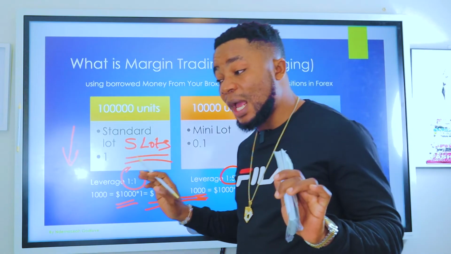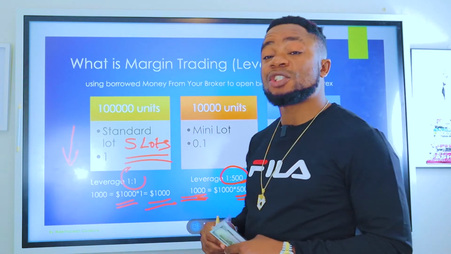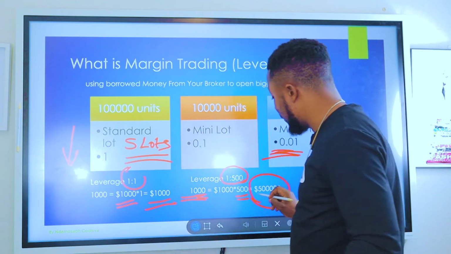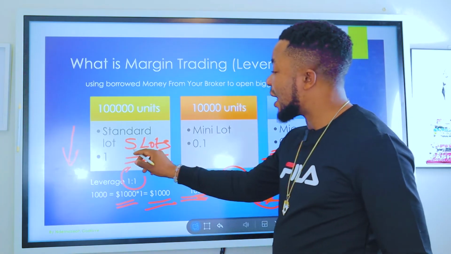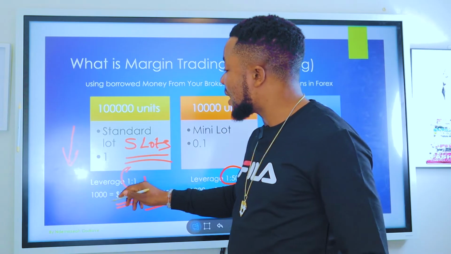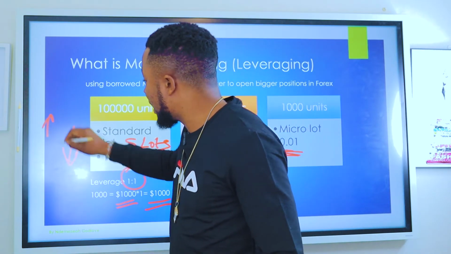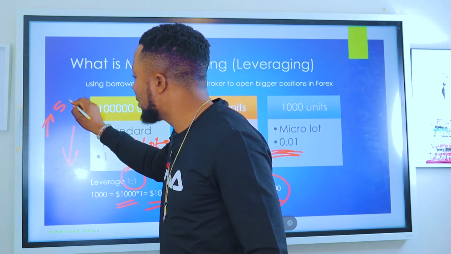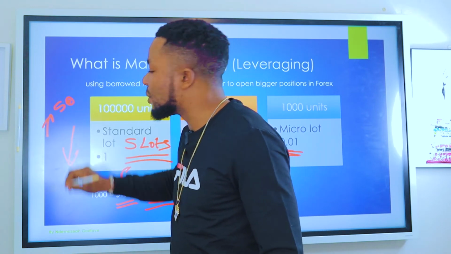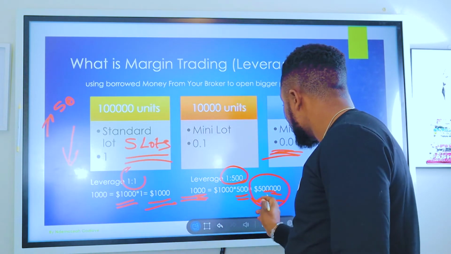With a $1,000 account and a broker leverage of 1:500, you have $500,000, meaning you can use 5 standard lots. The trade will still open. For 5 standard lots, each pip that happens in the market, you either gain or lose $50, and you have just $1,000 in your account.